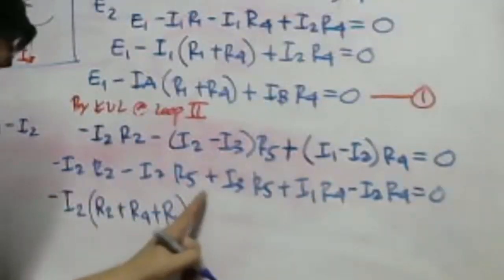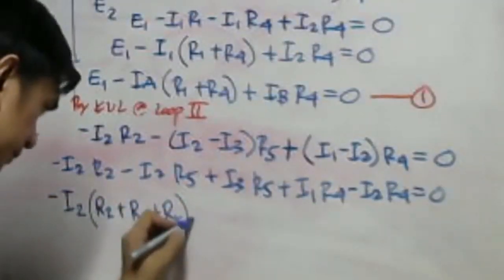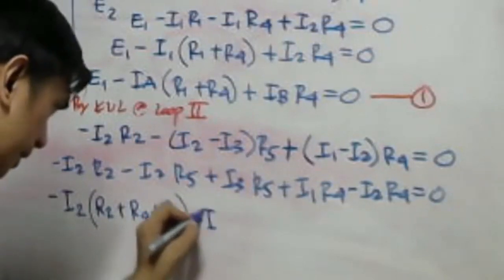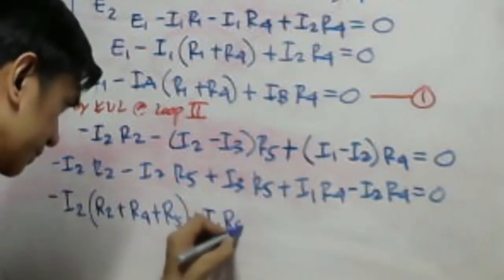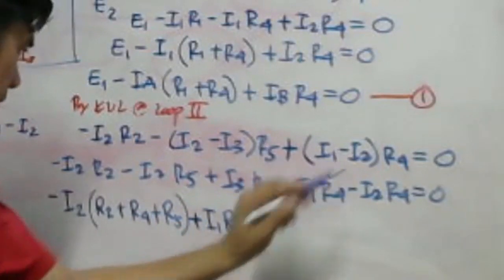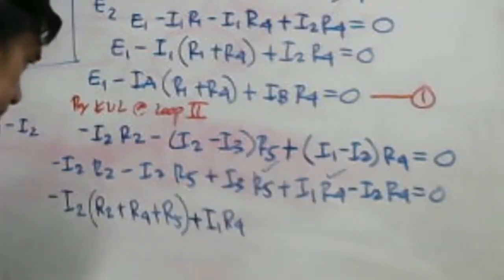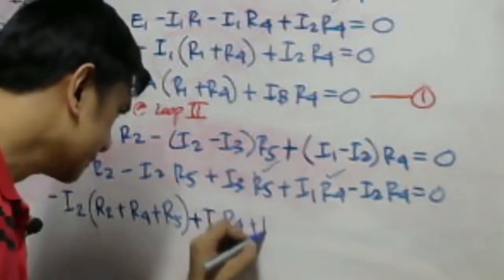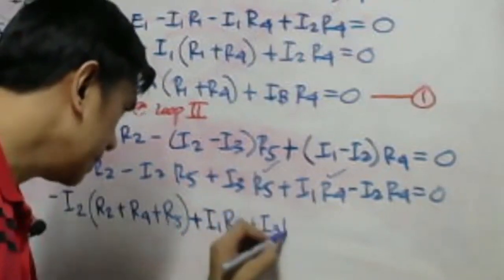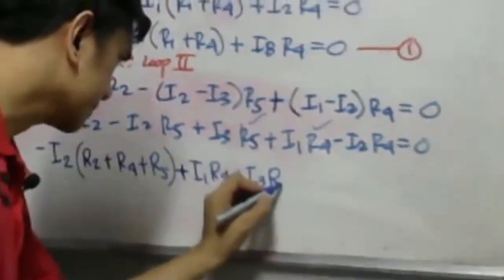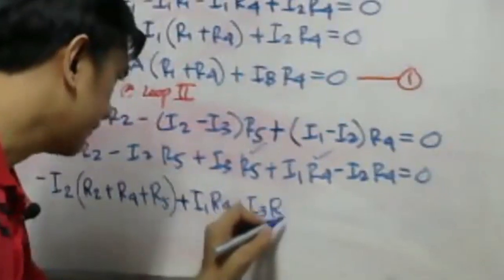Okay? So we already have I sub 2 here and here. So let us put here I1, R4, okay, here. And for R5, plus I3, we have R5. I3, R5.